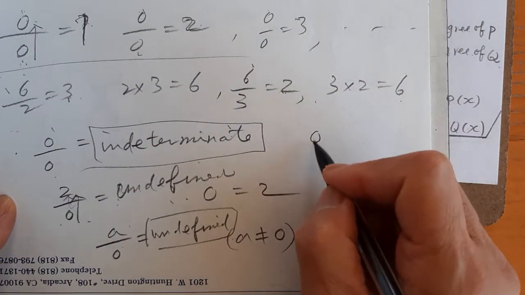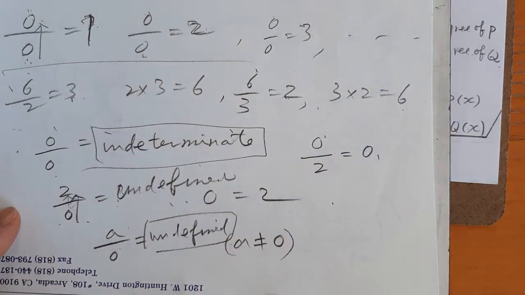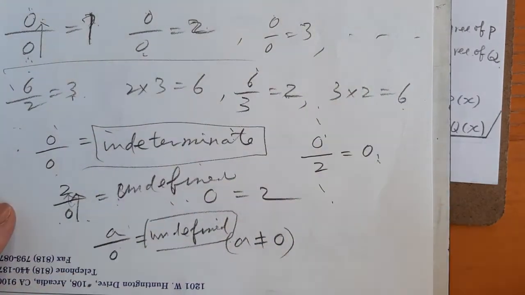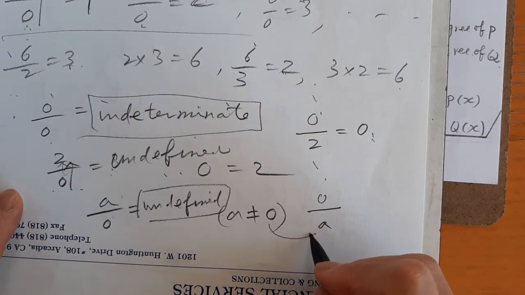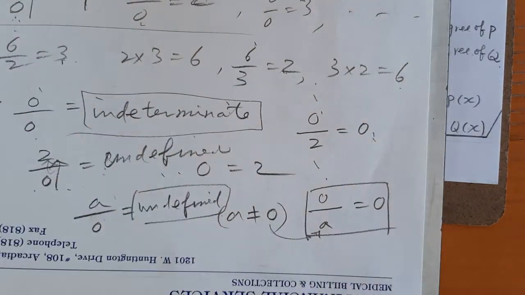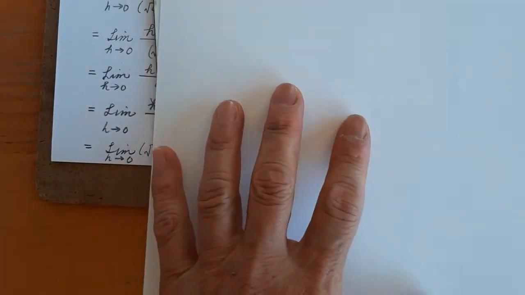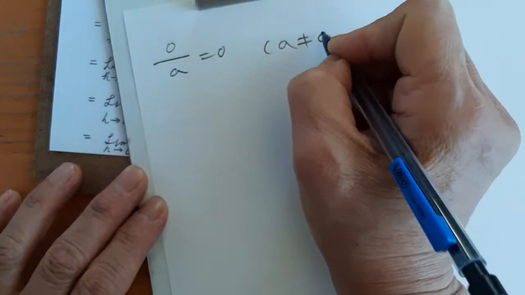Now how about 0 divided by 2? Certainly 0, because 0 times 2 goes back to 0. So 0 divided by a, where a is a non-zero number, answer is 0. So 3 cases. One is 0 divided by a is 0, where a is non-zero.